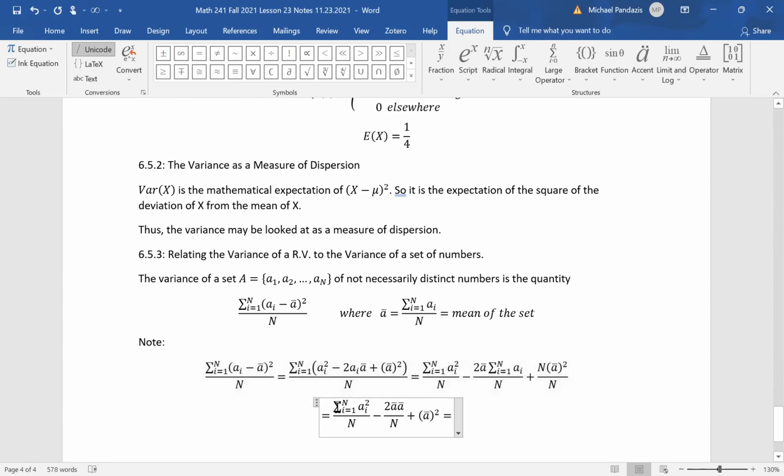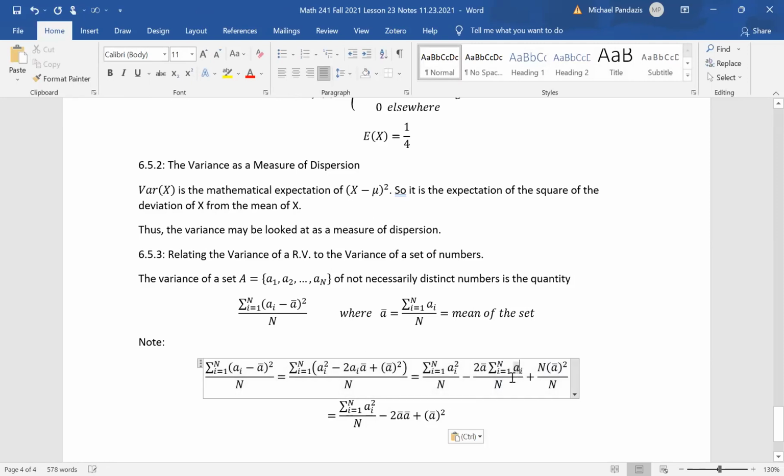So the sum of the A's over capital N is A bar, so this goes away. Okay, and so then you have plus A bar squared.